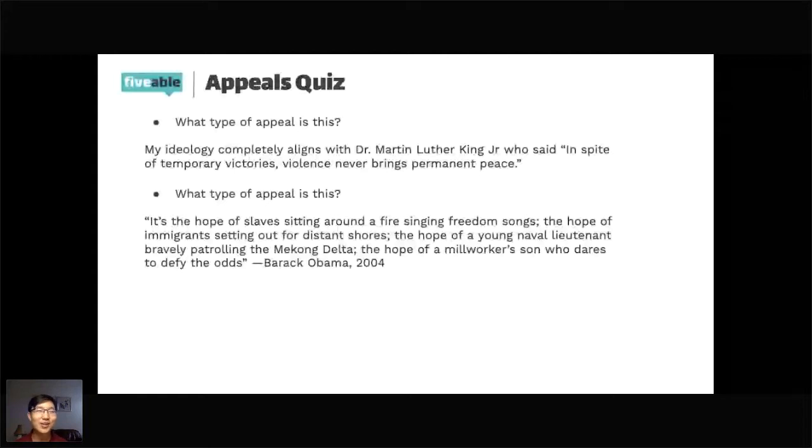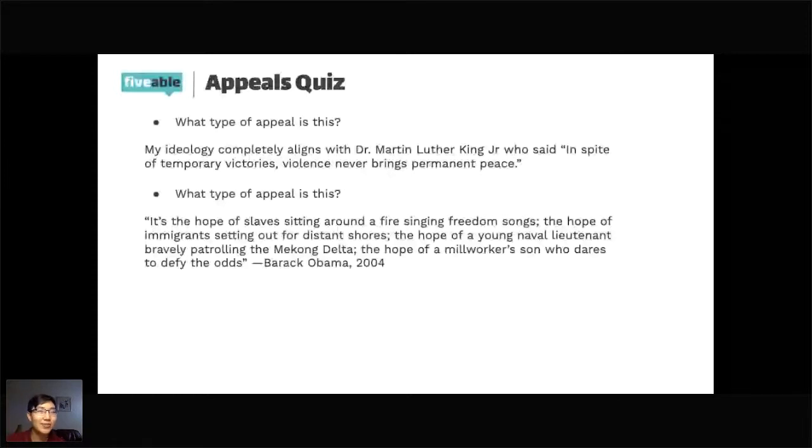It is pathos. And the reason it's pathos, you can see it through the parallel structure. What Barack Obama does in this quote, our former president, in his speech, I believe, to the Democratic National Convention in 2004, is use this parallel structure to talk about hope, to bring out emotion within the Democrat audience, to rally up support.